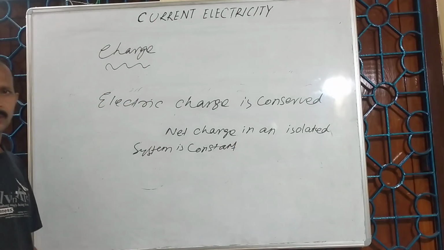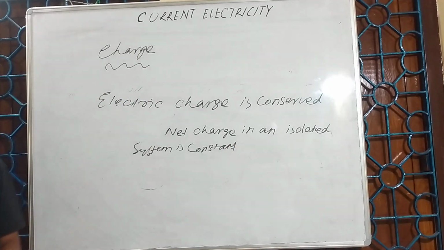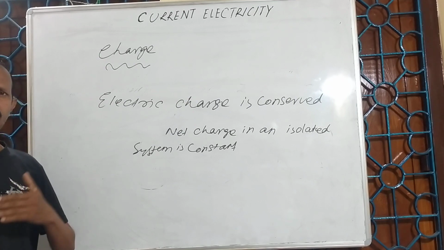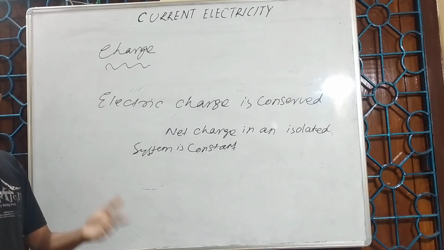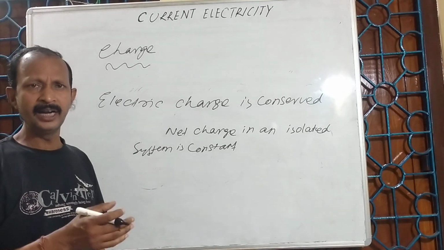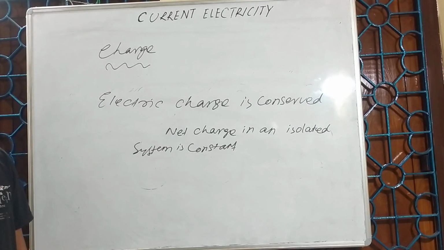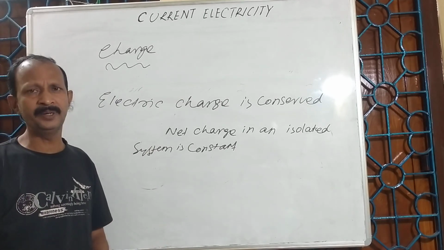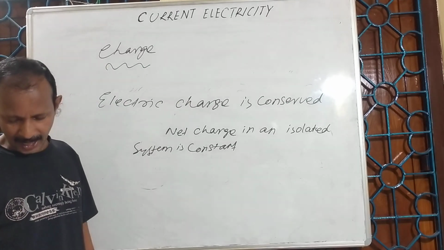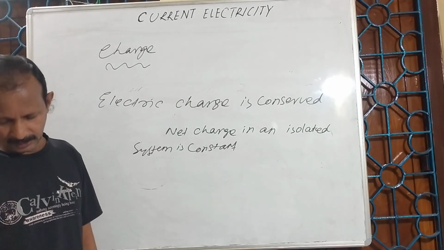Earlier I said that suppose you are rubbing a glass rod with a silk cloth, there is a transfer of electrons. The same amount of electrons the glass rod loses is gained by the silk cloth. As a result, the total charge before rubbing and after rubbing is constant. So I said that electric charge is conserved.